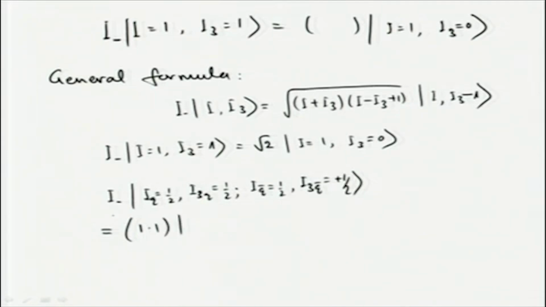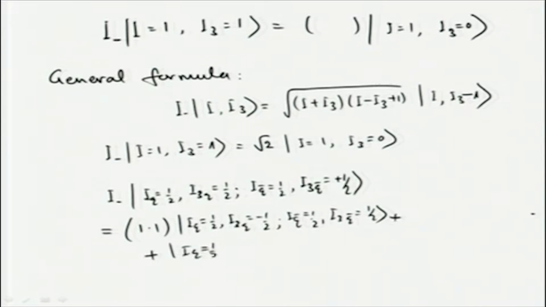So, first we will apply this I minus on the q system, and that will give you I q equal to 1 over 2 and I3 q equal to minus half, the other one remaining the same, I q bar equal to 1 over 2, I3 q bar equal to half. But then plus I q equal to half, I3 q equal to plus half, I q bar equal to half, I3 q bar equal to minus half.